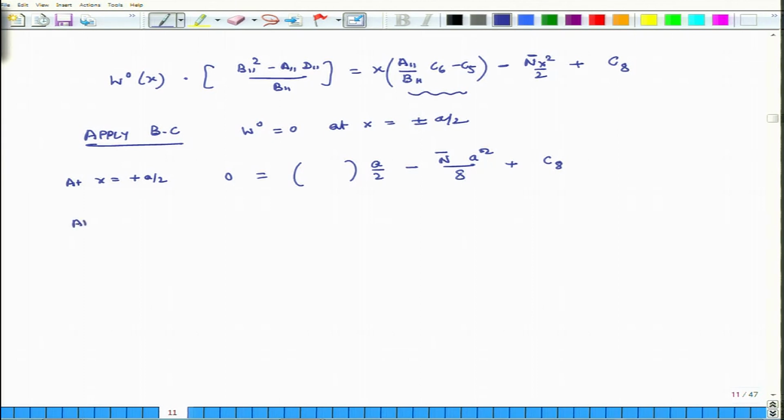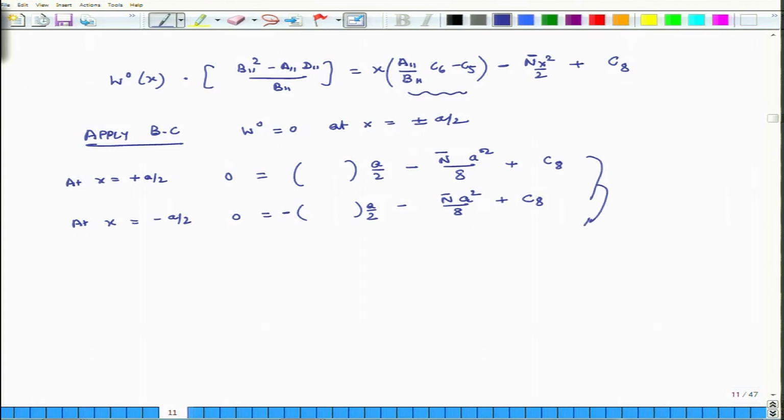And if we apply the other boundary condition, x is equal to minus a over 2, I get this same parameter, but here I have a negative times a over 2, minus n bar a square over 8 plus C8. Okay, so we have two equations, one for a over 2, one for negative a over 2.